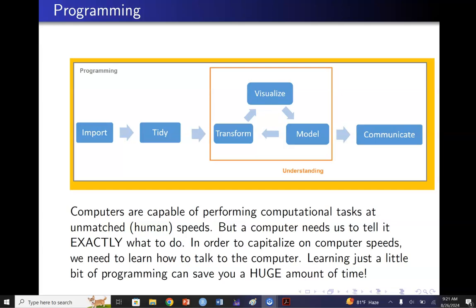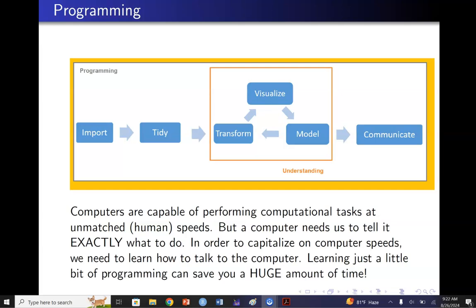So we are going to need to spend a certain amount of time learning how to communicate with the computer in what's called a programming language in order to get the computer to do all that hard work for us, so we can spend our time on the human parts of the data science process.